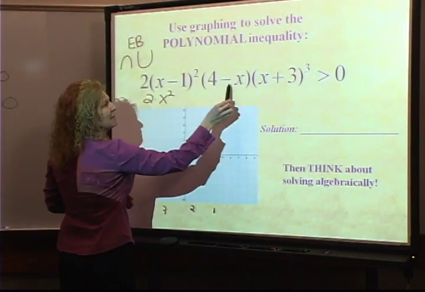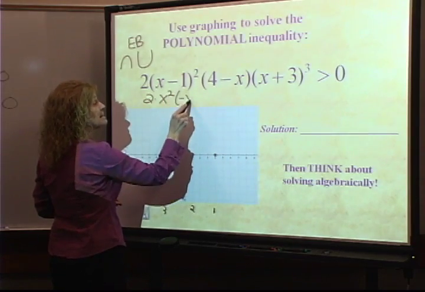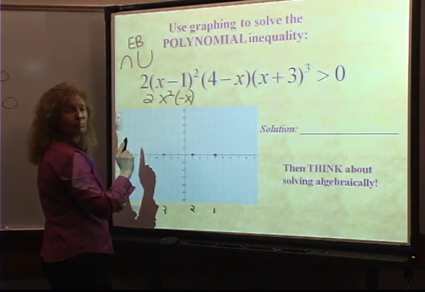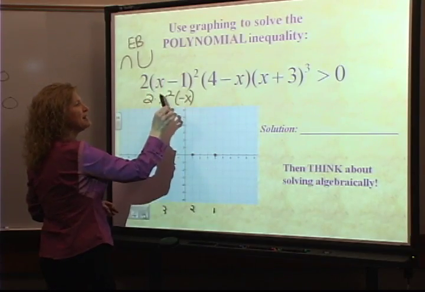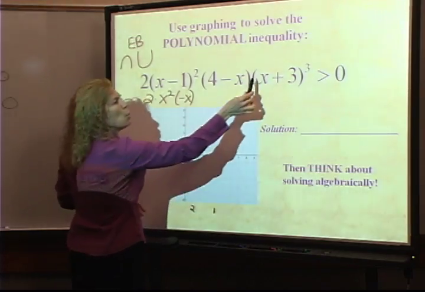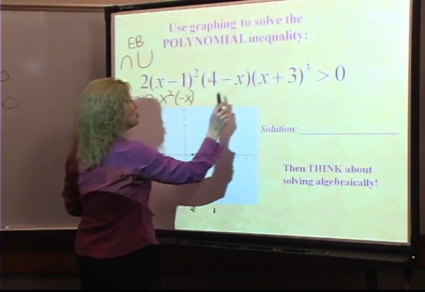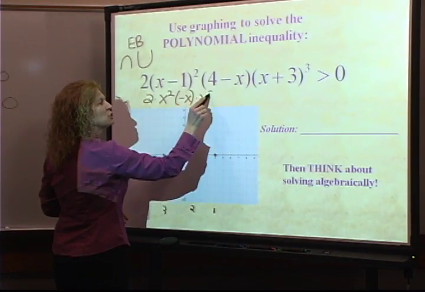Now this one, there's no multiplying out to do, but notice that that's a minus x. So when I take this x squared times the minus x, I get a negative. When this all gets multiplied out, the highest term would be x cubed.